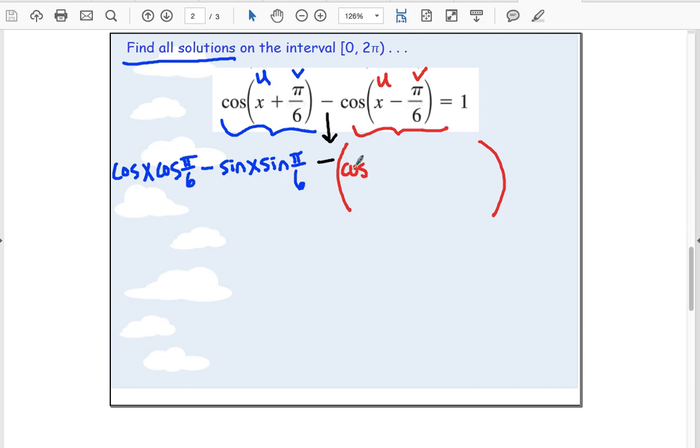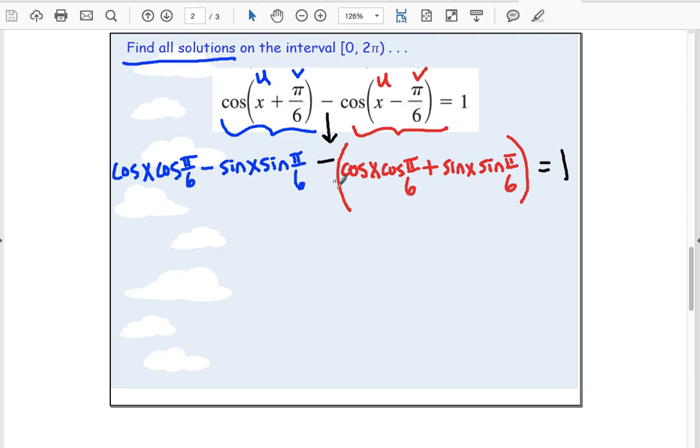So this will be cosine x cosine pi over 6 plus sine x sine pi over 6. I'm going to move those parentheses. I need a little bit more room. Okay, and all of that is equal to 1.